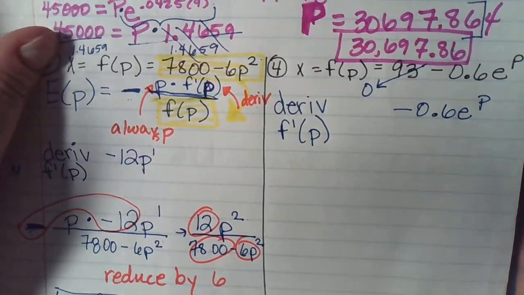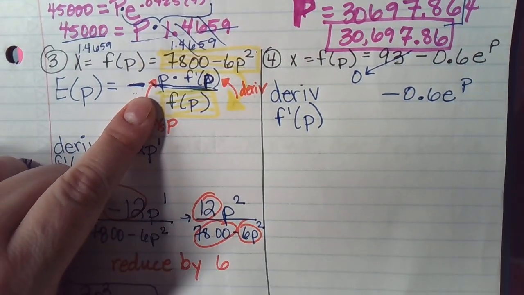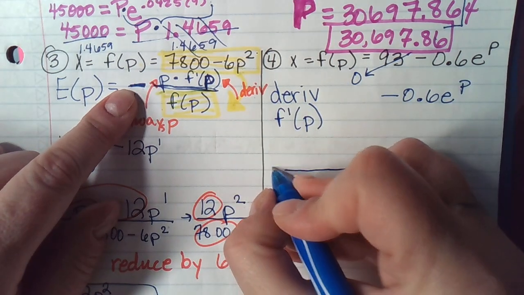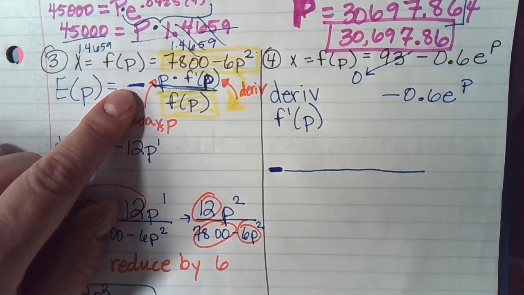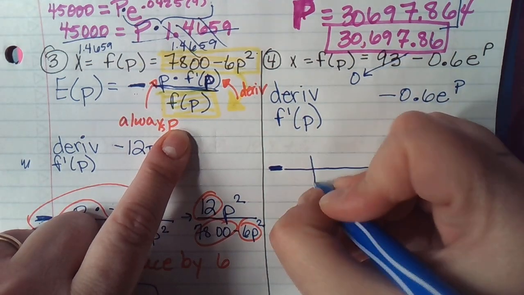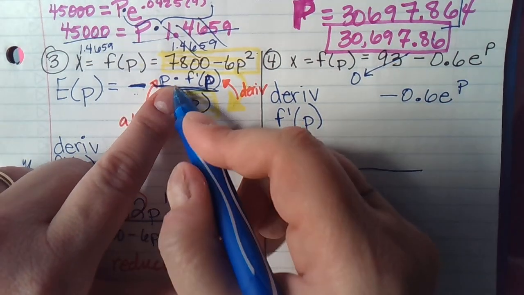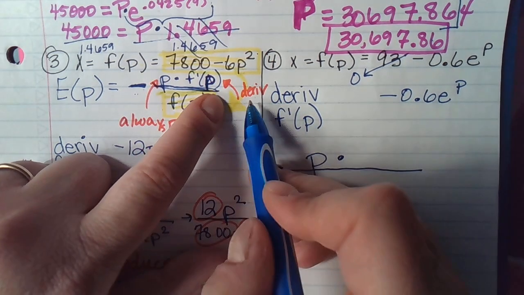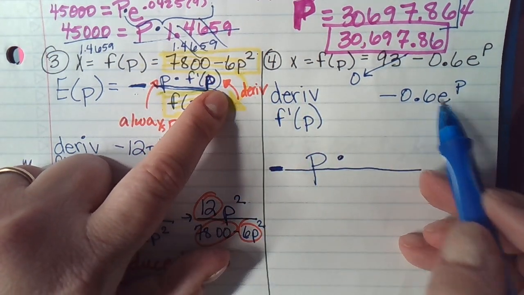Now let's throw it all into this formula. This formula says big old fraction, big old negative in the front, p, and it's always a p, so we always put a p there, multiply dot, f prime of p, that's the derivative, and we just found that.